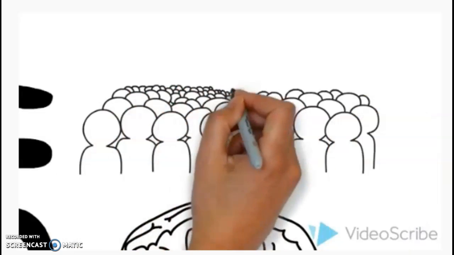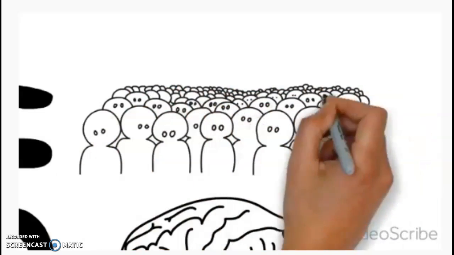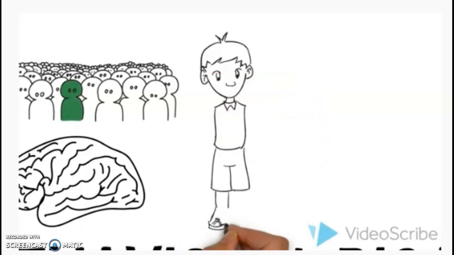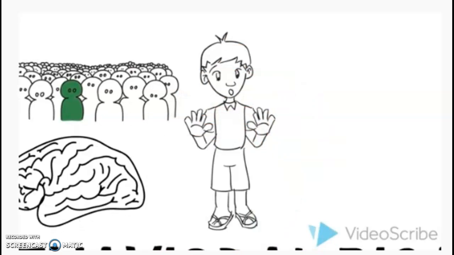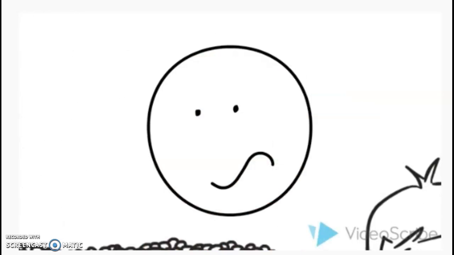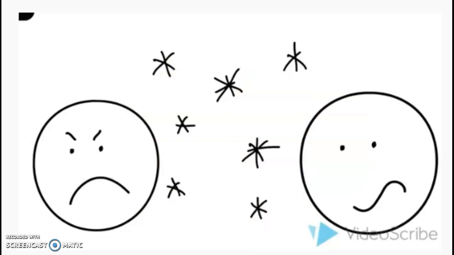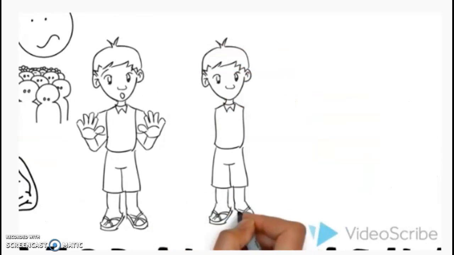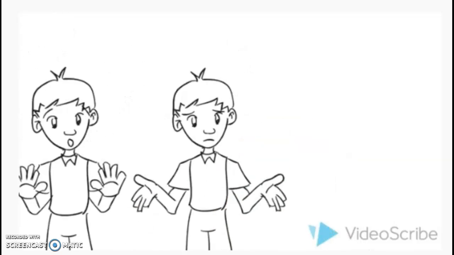An inability to build or maintain satisfactory interpersonal relationships with peers and teachers. Inappropriate behaviors or feelings under normal circumstances. A general mood of unhappiness or depression. And a tendency to develop physical symptoms or fears associated with personal or school problems.